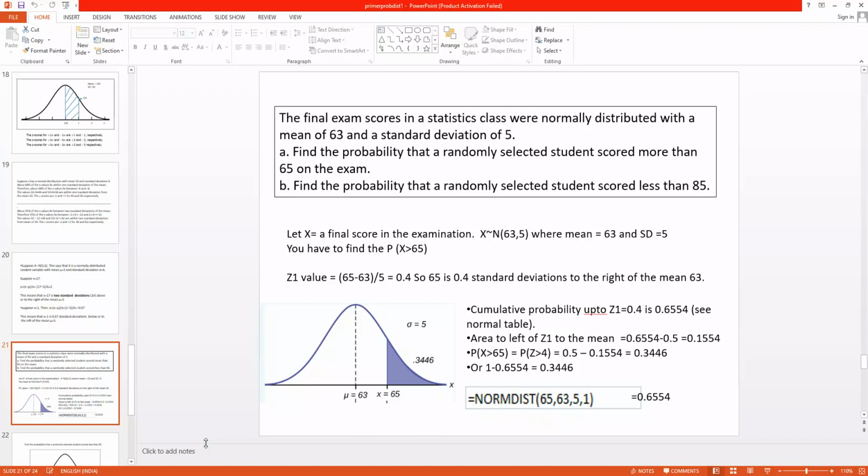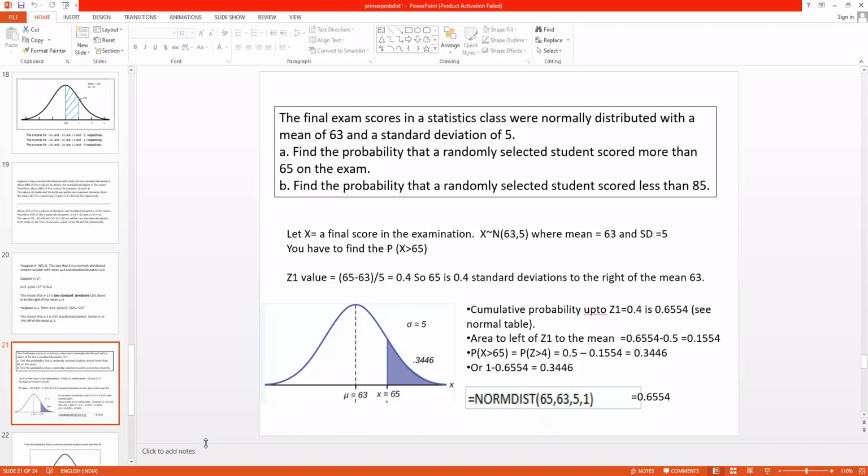So it gives you 0.6554. So 1 minus 0.6554, which is 0.3446, is the probability that a randomly selected student will have a score of more than 65, because the area under the curve is 1.